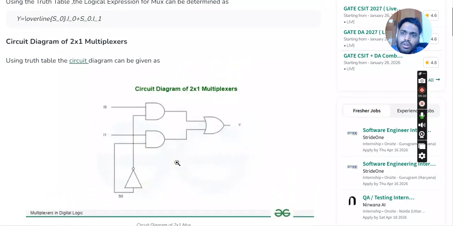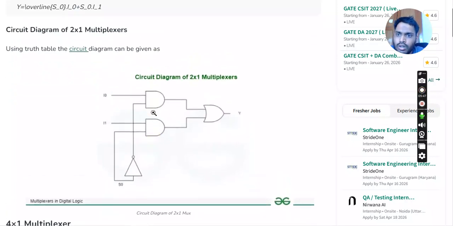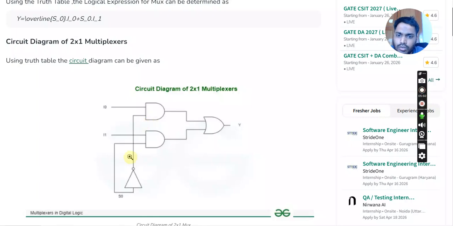the output Y will be equal to S0 complement times I0 plus S0 times I1. So for I0, it will be the complement of S0, and for I1, S0 will be taken as it is.